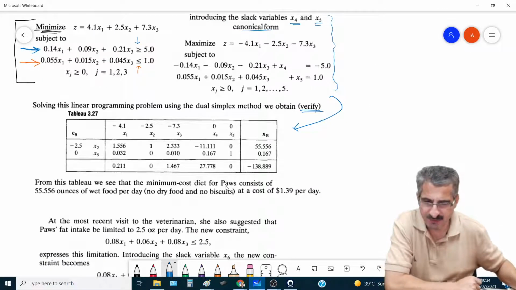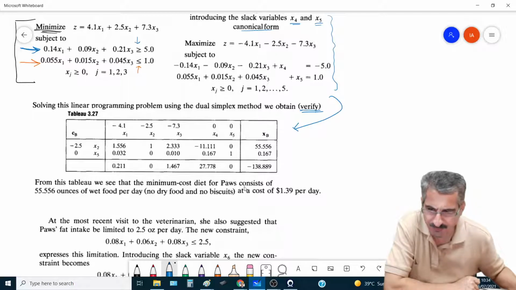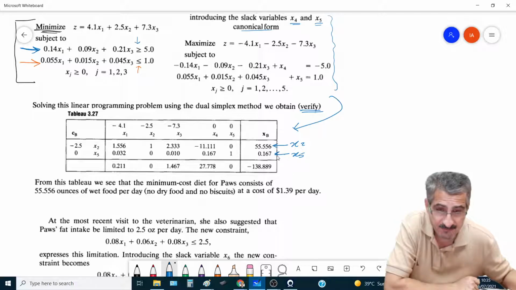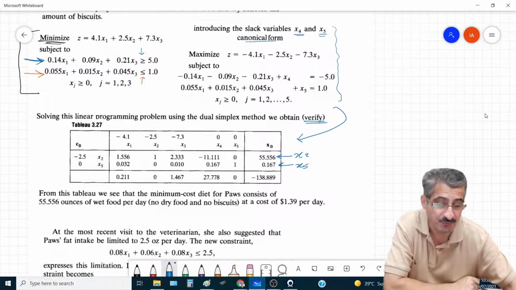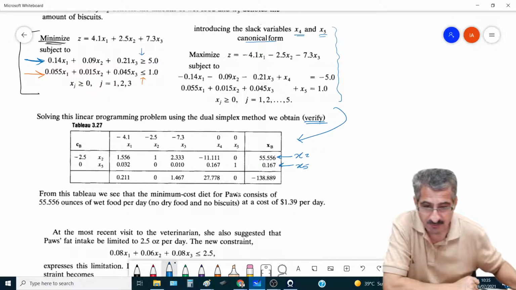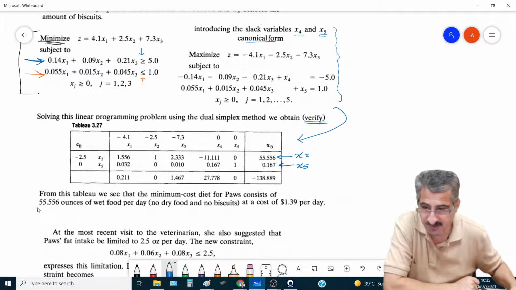So from this table, the minimum cost diet goes for, okay, this is the solution x2, and this is for x5. Now x5 is a slack variable, right? It does not represent any kind of food. So the diet must consist of this amount of wet food per day only.